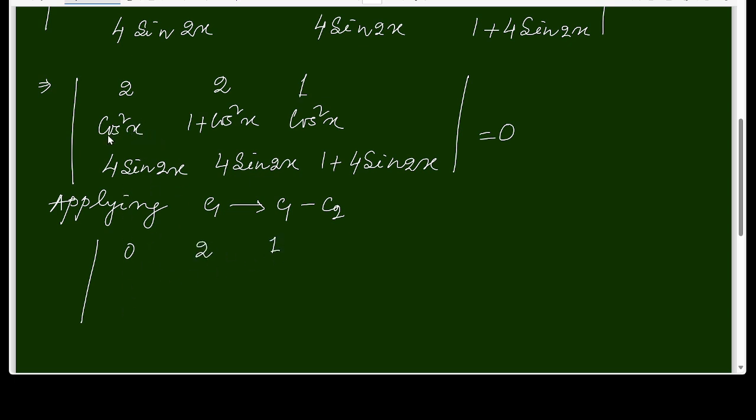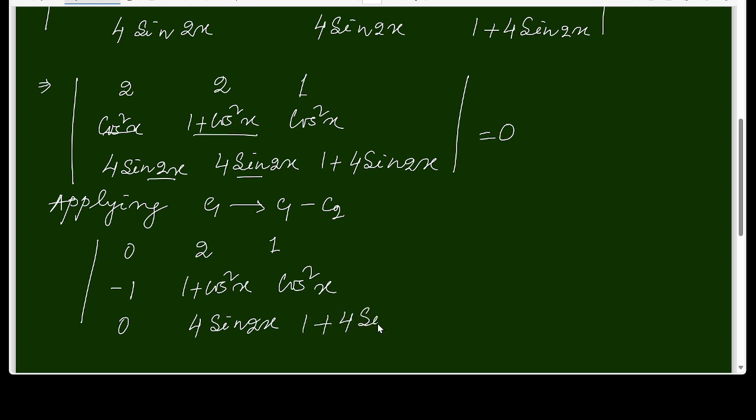First column will be cos square x minus this one, so it will be negative 1, and here subtracting you will get 0, and here it will be as it is 1 plus cos square x, cos square x, then 4 sine 2x, 1 plus 4 sine 2x. This is equal to 0.